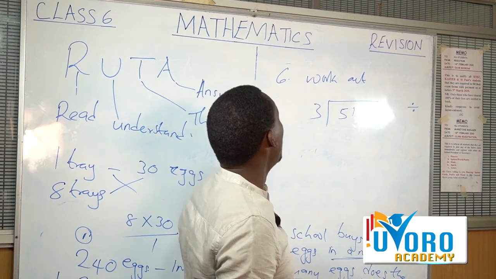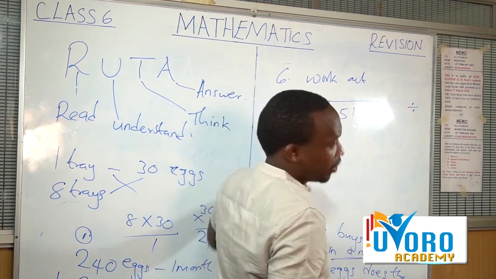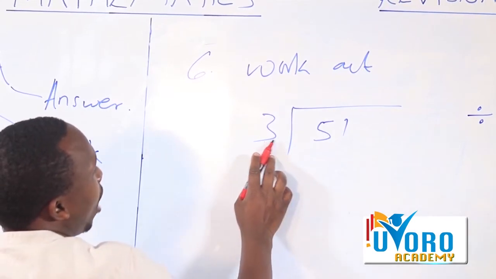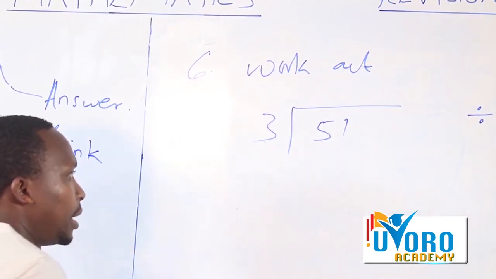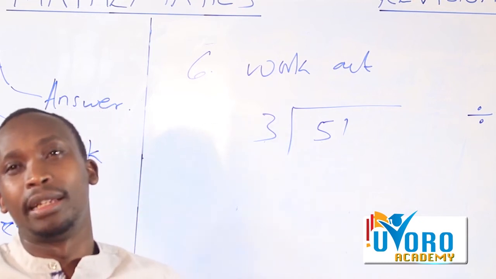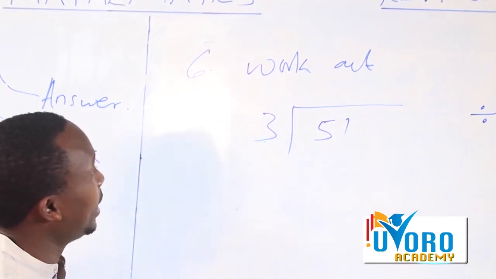Now, using this method, 3 will go how many times to 51? Before we continue, we are supposed to read and understand.